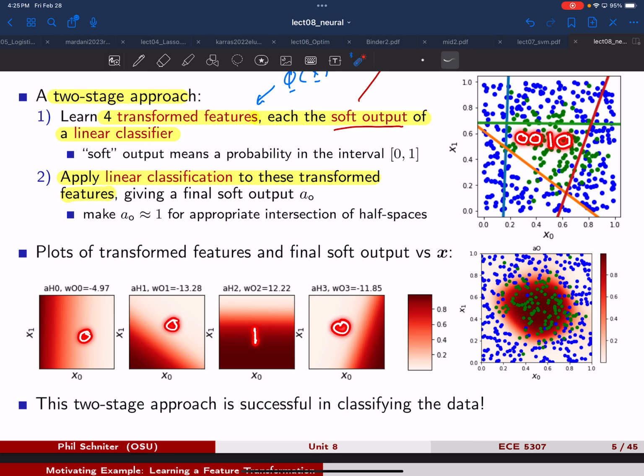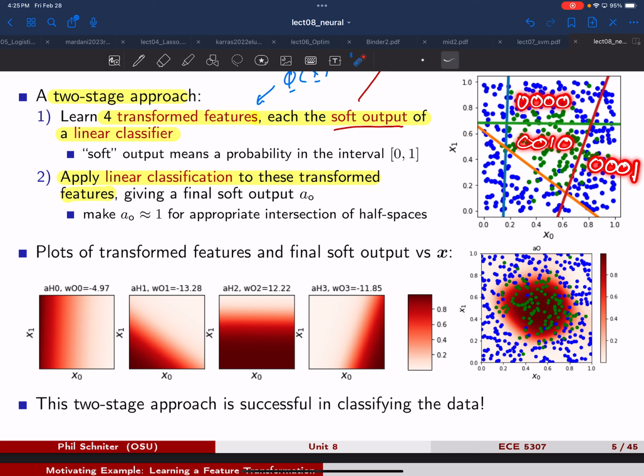So this second linear classifier is basically trying to look for that pattern. It says whenever we see this pattern of 0, 0, 1, 0, that corresponds to a green sample in this new feature space. Whereas all these other patterns, like 0, 0, 0, 0, or 0, 0, 0, 1, and so on, would correspond to the blue samples.